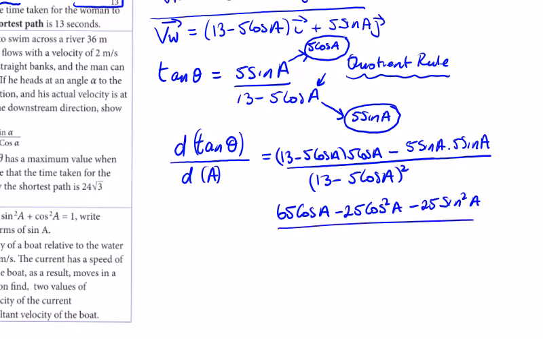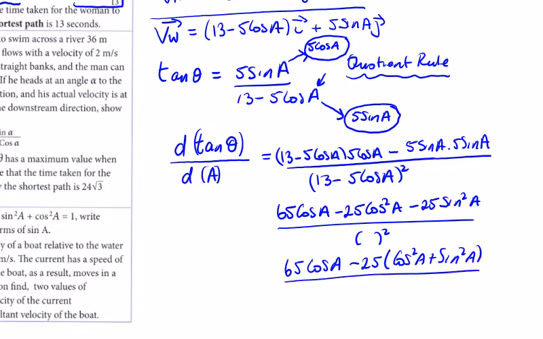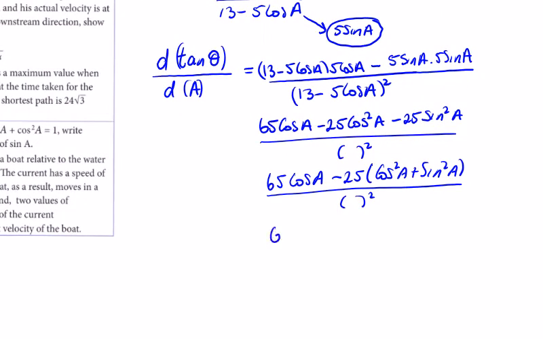I can write this over the bottom squared, just leave it like that. So I have 65 cos alpha minus 25 by cos squared alpha plus sine squared alpha, which you may have seen is equal to 1 regularly, over the bottom squared. So we have 65 cos alpha minus 25 equals 0.